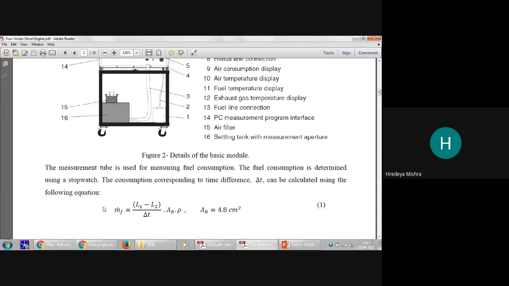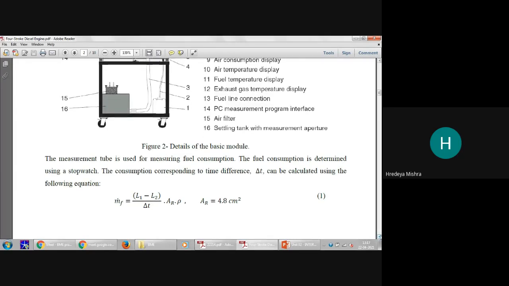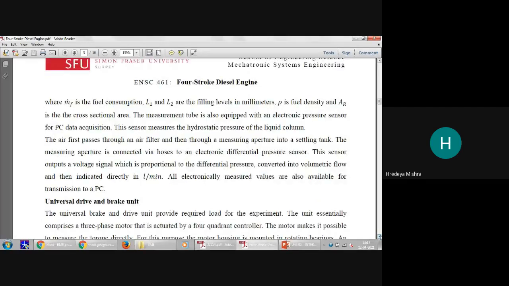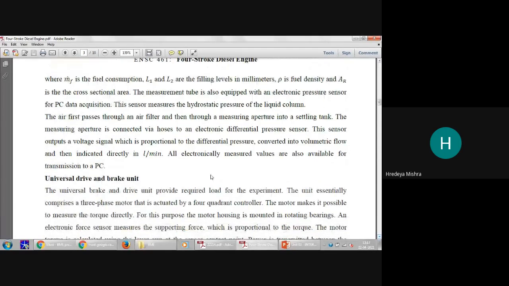And see here, AR value is given and rho is the density. Here mf is the fuel consumption, the fuel mass flow rate. L1 and L2 are the filling levels in millimeters.